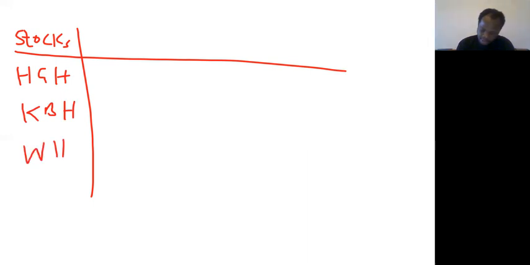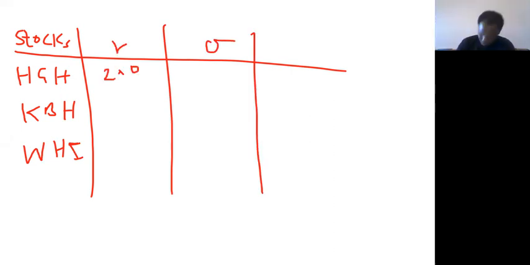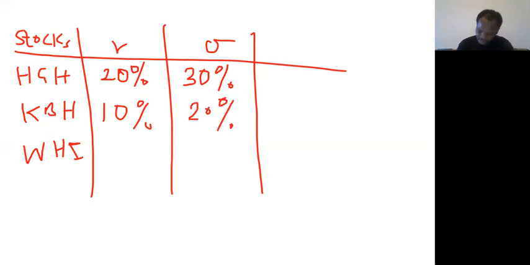Now these are their returns and these are their volatilities. The first one is 20% and here is 30%. The next one is 10% and 20%.